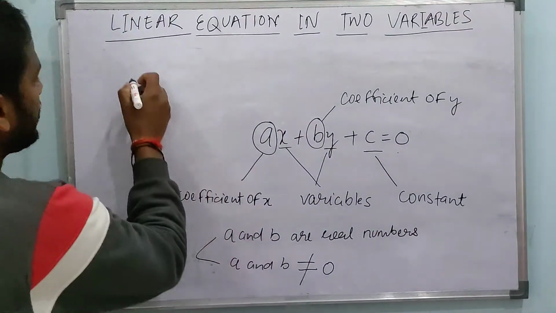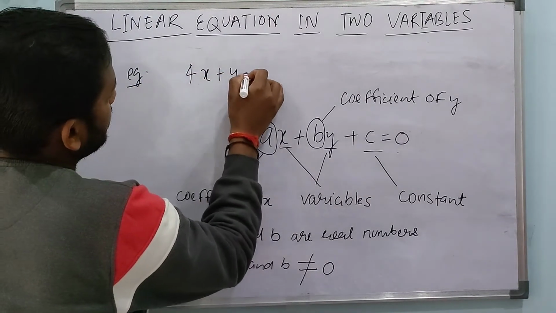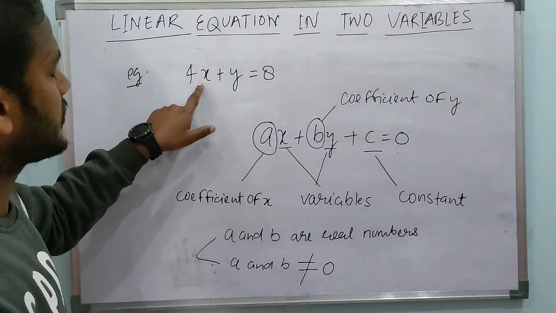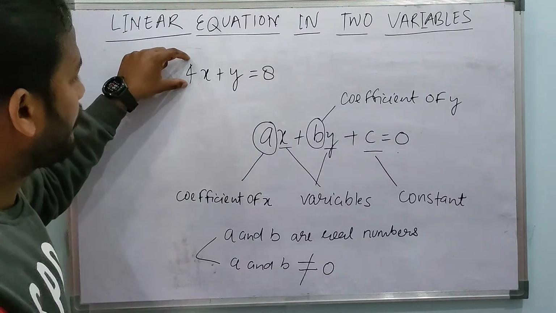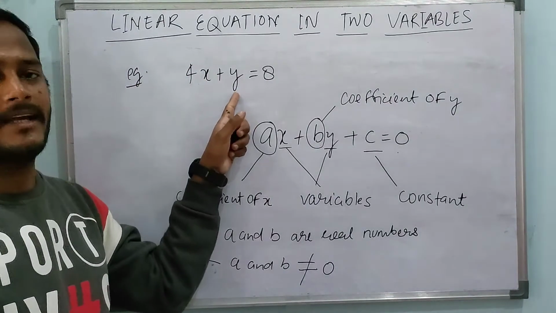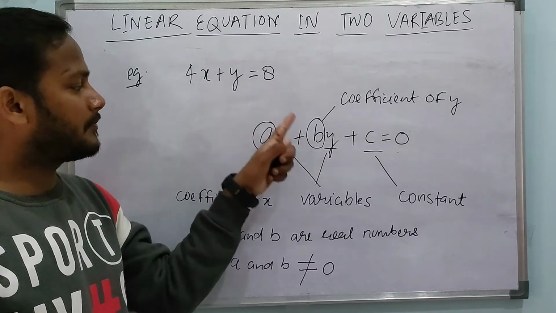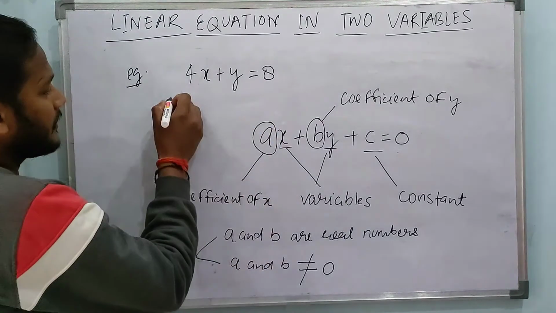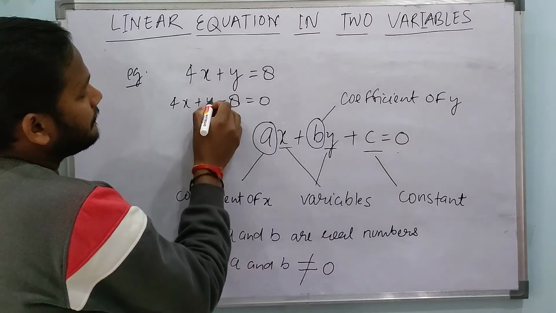Now let's take an example: 4x plus y is equal to 8. If we observe this equation, x and y are two variables. 4 is the coefficient of x, the coefficient of y is plus 1, and the constant, if we compare with the general equation, is minus 8, as we can write 4x plus y minus 8 is equal to 0.